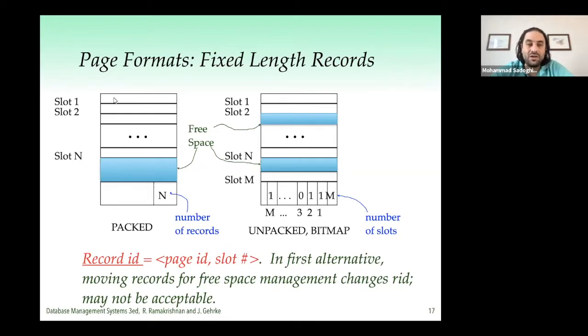So each of these pages can be used for maintaining one column, or one attribute, of every record. So if my record has 4 columns, then I will have 4 of these pages. And the 4th slot on every page will correspond to the 4th record.